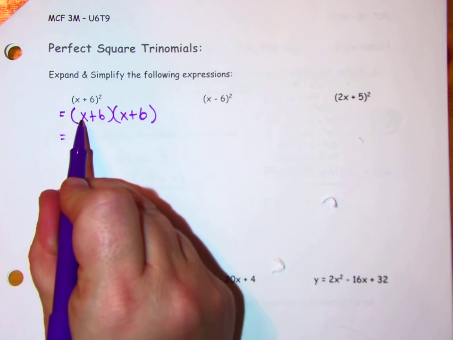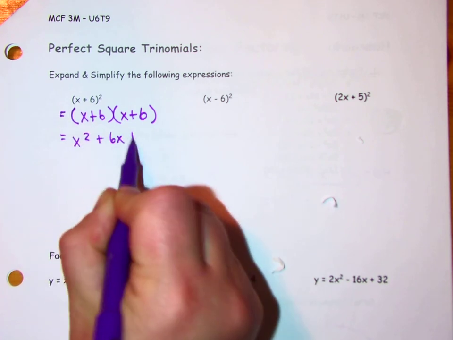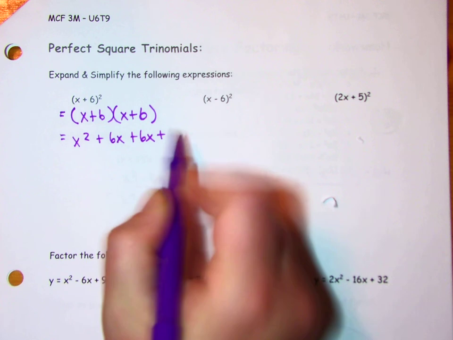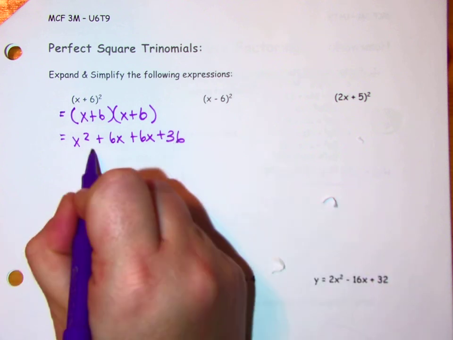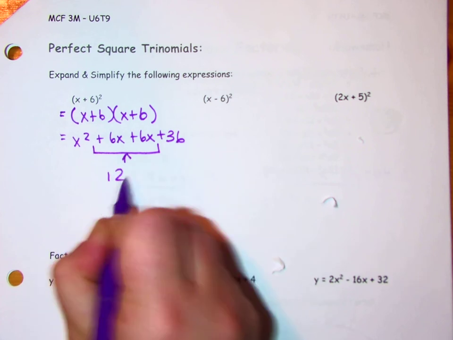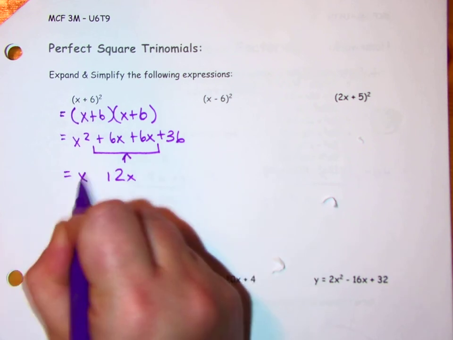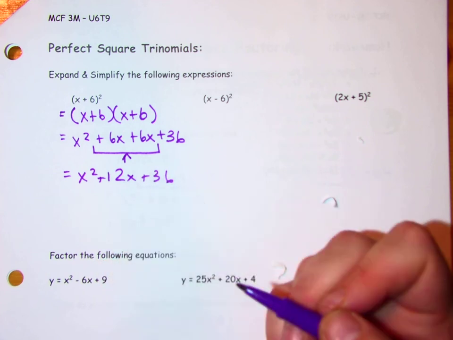We've done this a lot, so that's x squared plus 6x plus 6x plus 36. Then these two middle terms combine to make 12x. So now we have x squared plus 12x plus 36.